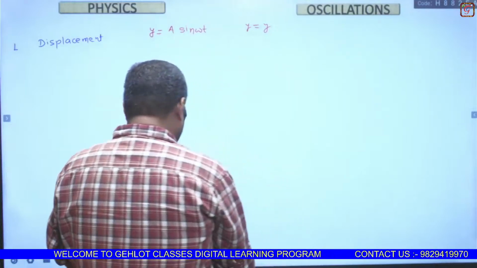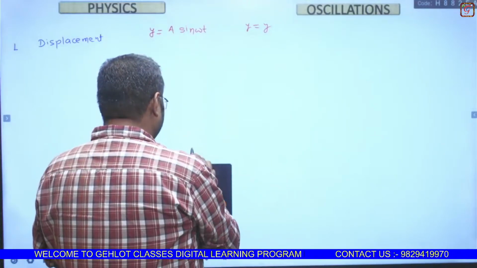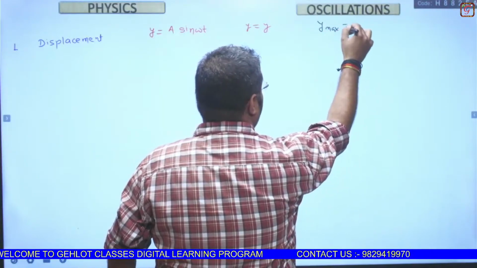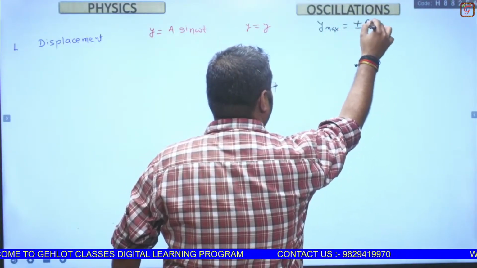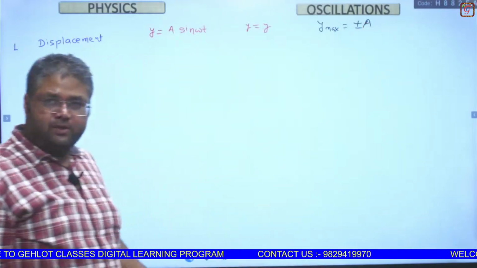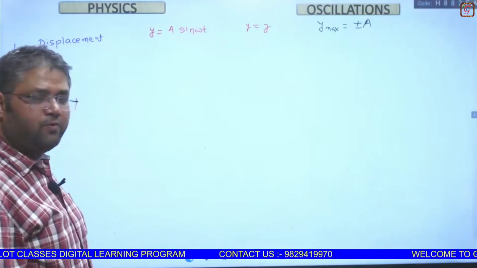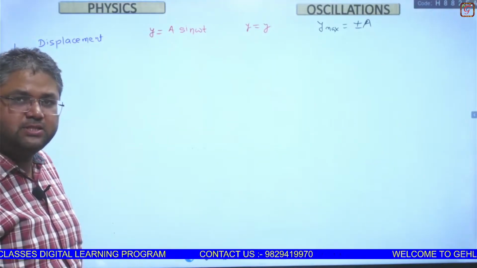And what is the maximum displacement? We all know: Y max can be written as plus minus a, the amplitude. Amplitude is better known as the maximum displacement. So y max = plus minus a.